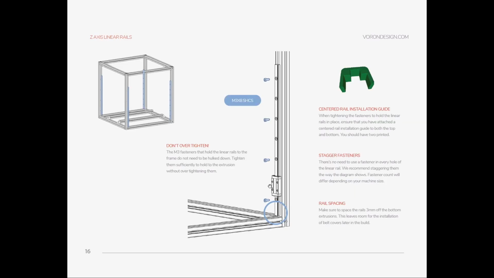And later on you need to put your Z rails. For the Z rails, first you need to clear the shipment oil. You can use isopropyl alcohol to clean it. After that, apply a little bit of grease. This grease will help the carriage to move smoother.